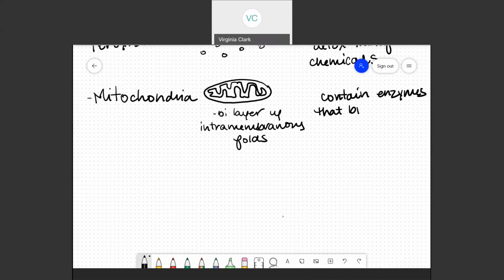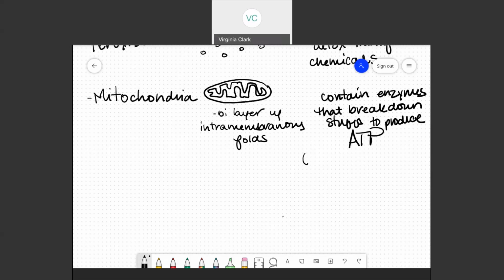And after they break down foodstuffs, they are going to convert that to what is called ATP. So mitochondria at the end of the day help break down things because they only care about really producing ATP.